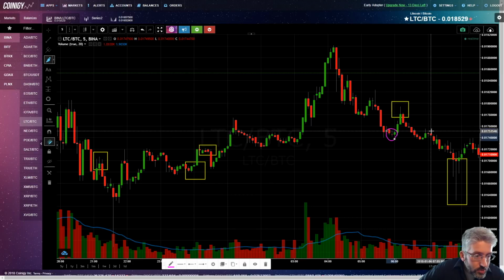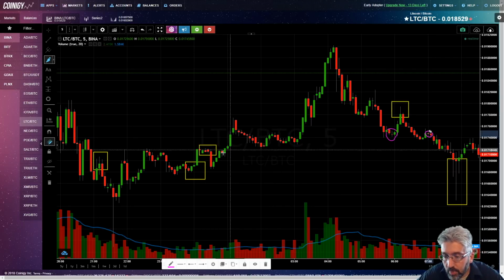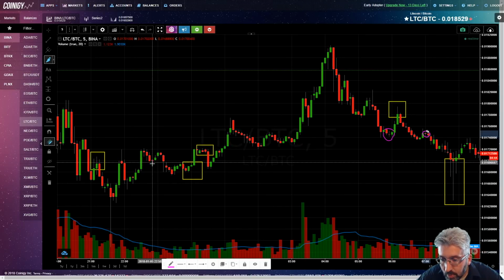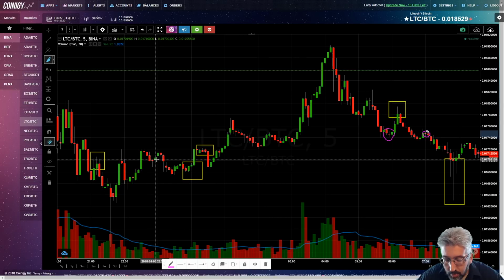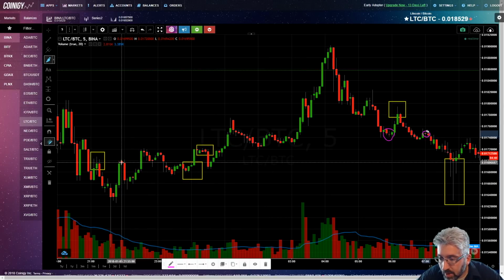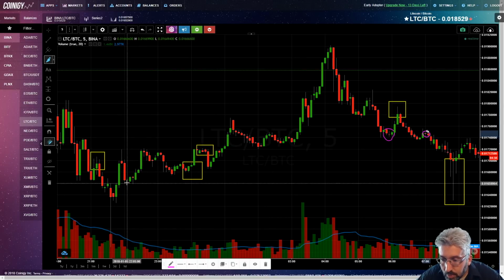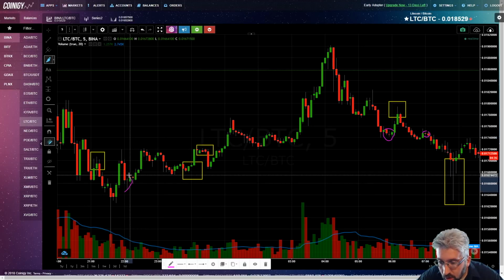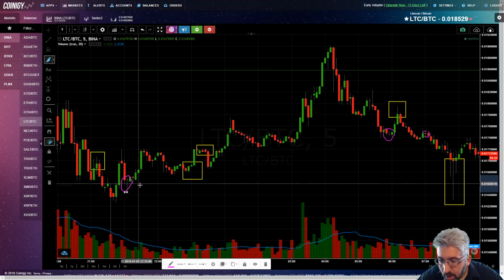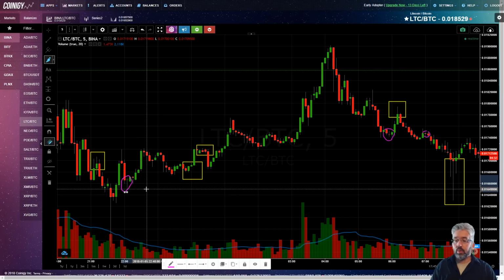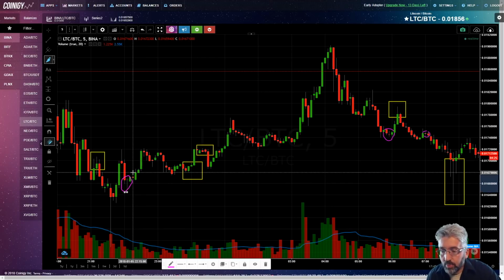This slightly resembles a doji. There's still a very small amount of price difference. This is not a doji. This is a spinning top, just like this is a spinning top. Let me see. This is a doji right here. You can hardly see almost anything between price open and close, and so you see a reversal.